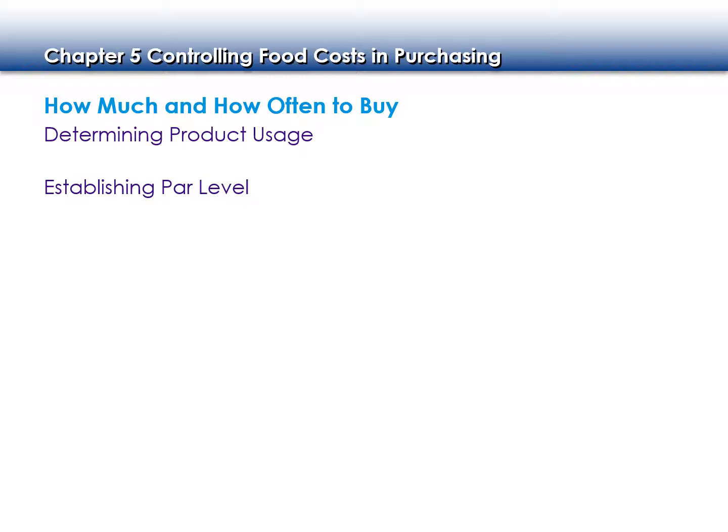And so when we establish our par, essentially we take our usage times the number of days, and that's how much we need to have on hand. So somebody give me an item, an ingredient. Ketchup.